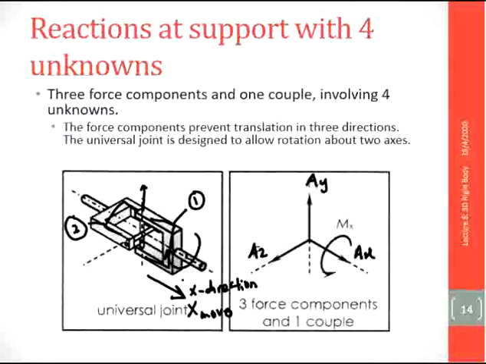That means you hold here and you can move right and left. So it rotates like this. So the axis is the y axis. Because it can rotate about the y axis, there is no moment y. No reaction moment at the y axis.